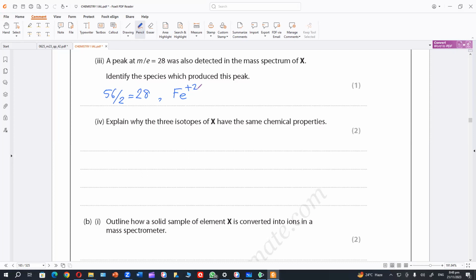Explain why the 3 isotopes of X have the same chemical properties. Because they have the same electronic structure, therefore they react and act the same way.